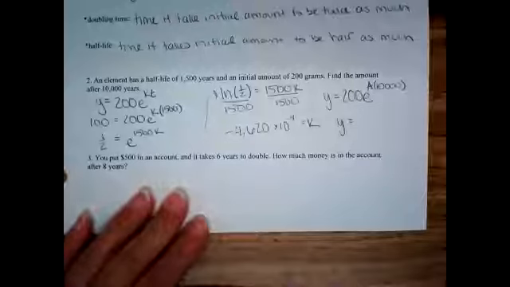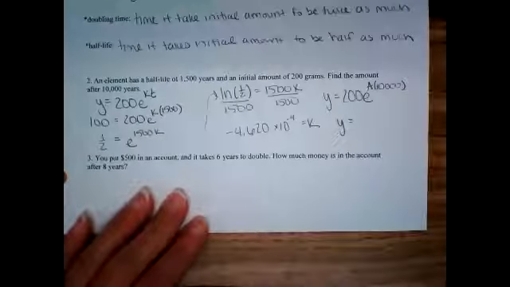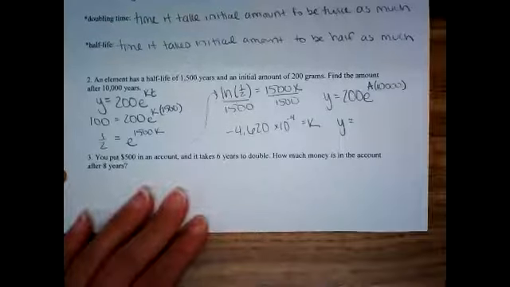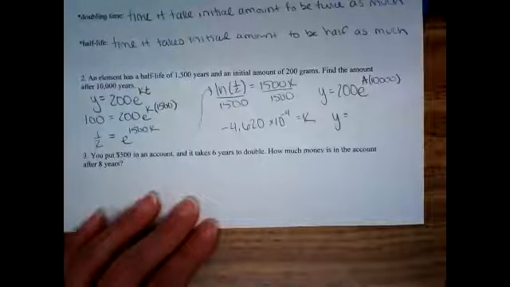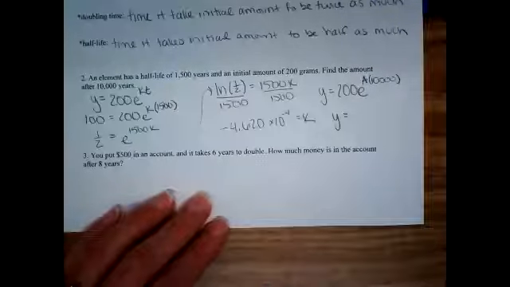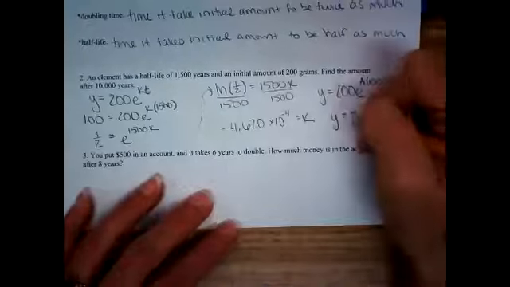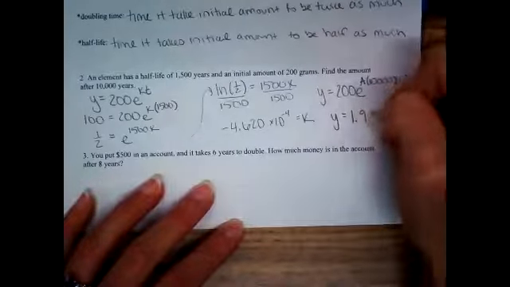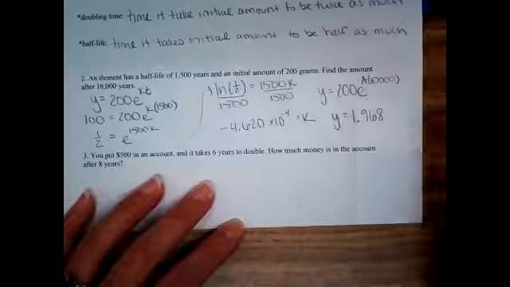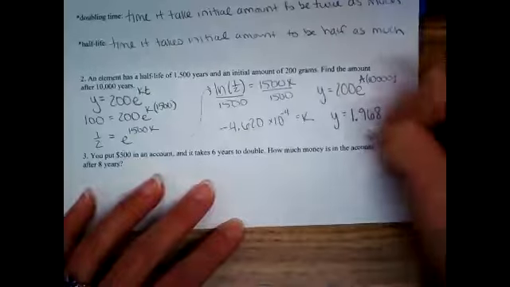So 200 e to the power alpha A times 10,000. After 10,000 years, you'd think there wouldn't be a whole lot left. Did you get 1.968 grams? Good, I was just about to say, what are the units?